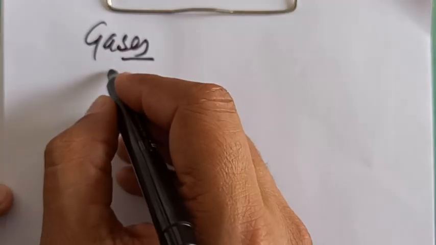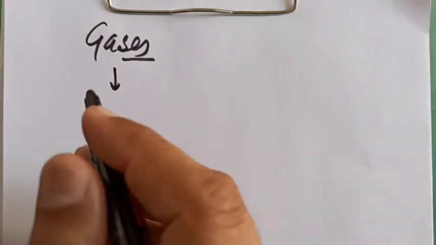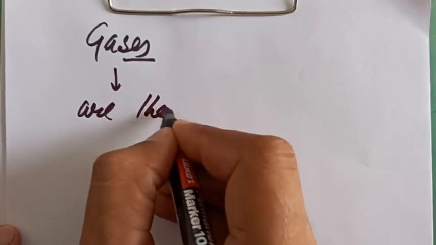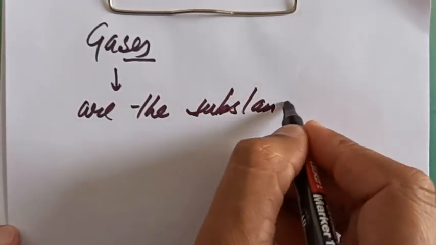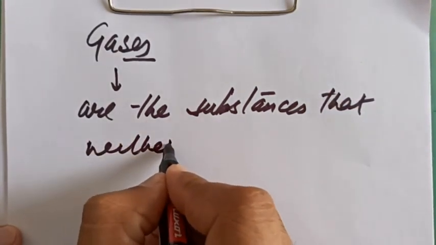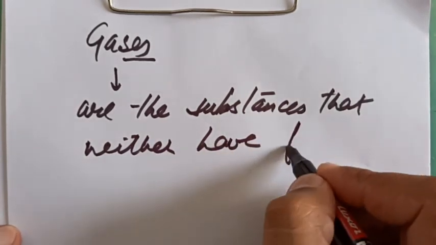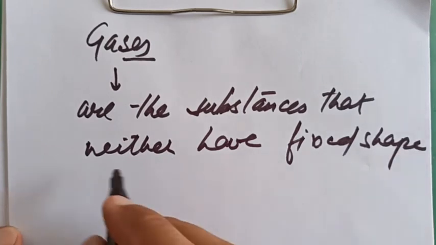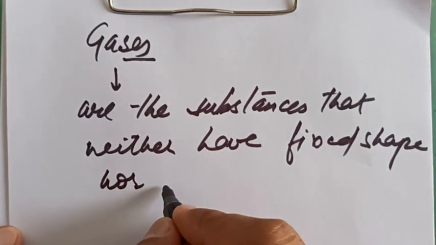We already know about gases. The particles of gases are not closely packed, they are very loosely packed. And interparticle spaces in gases are extremely large. Interparticle forces of attraction are very less in gases. So from these three characteristics, we can say that gases are the substances that neither have a fixed shape nor a definite or fixed volume.